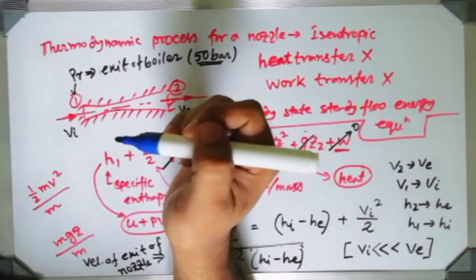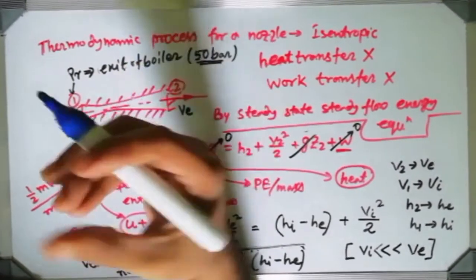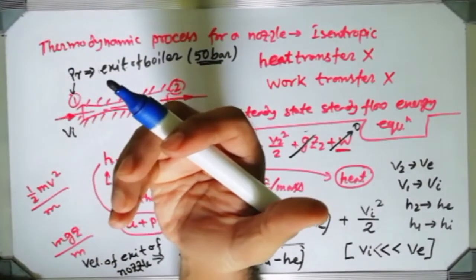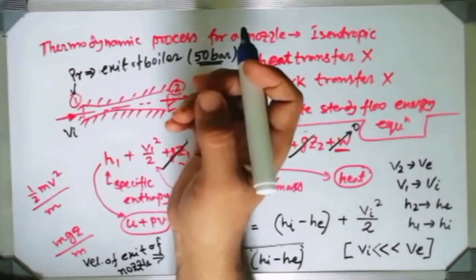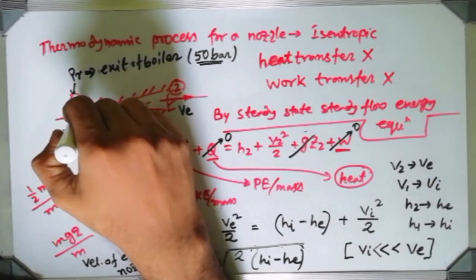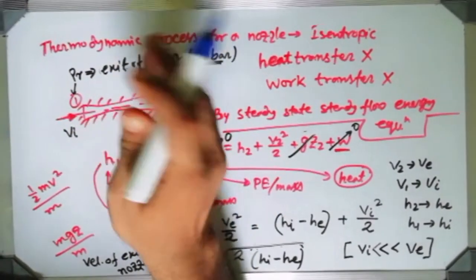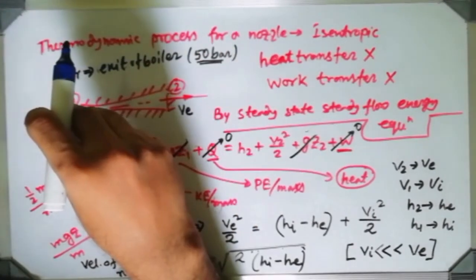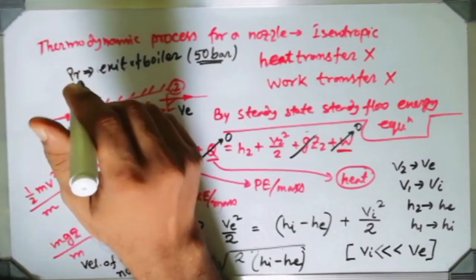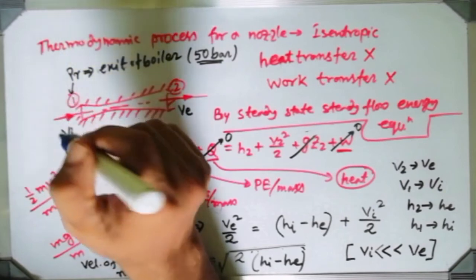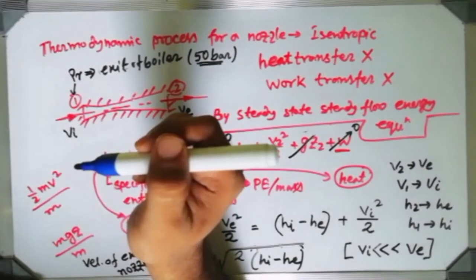So if in your problem the boiler pressure, or the steam pressure in the boiler, is given, then that pressure will come over here also at the inlet of the nozzle. With respect to that steam pressure, you have to go to the steam table and find the enthalpy of this particular point. It will be achievable from the steam table.